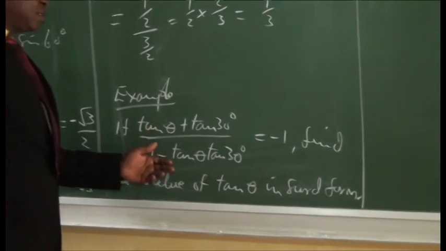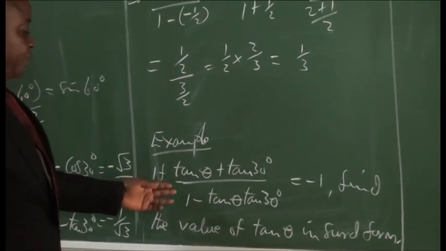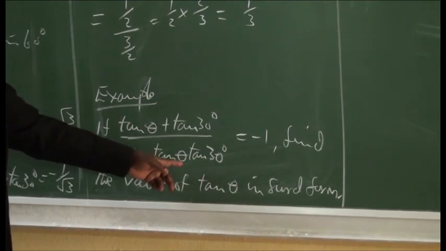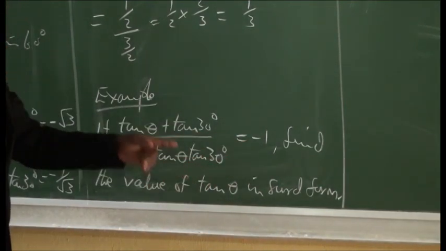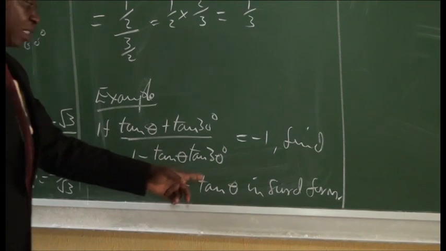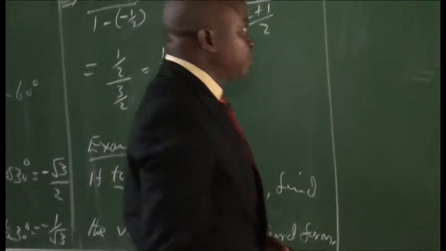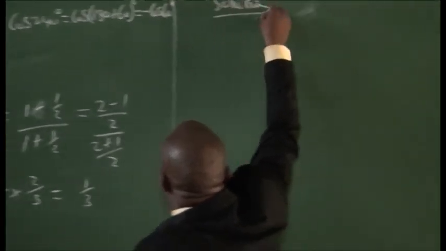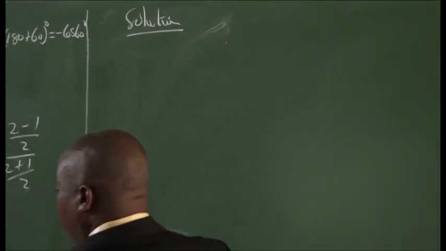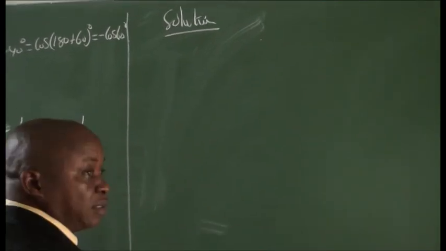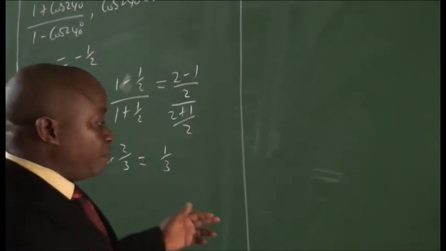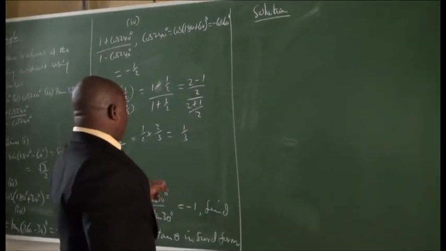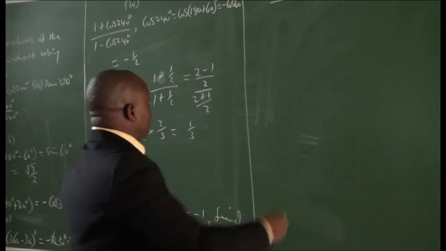So we look at this example. If tan theta plus tan 30 degrees over 1 minus tan theta tan 30 degrees equals minus 1, find the value of tan theta in short form. Because of our idea of basic trigonometric ratios, we can solve this easily.